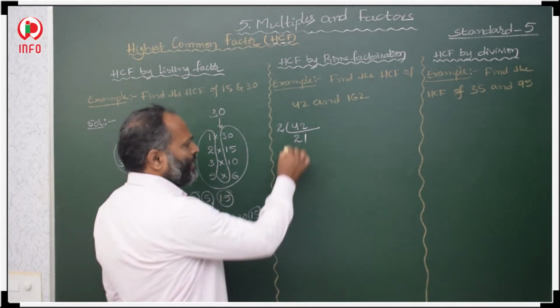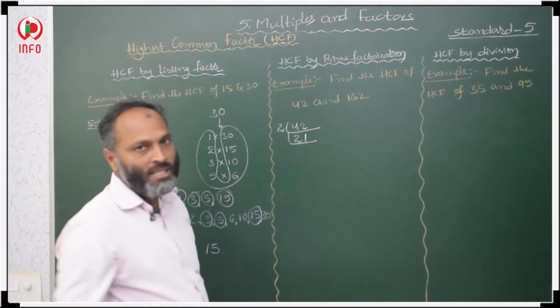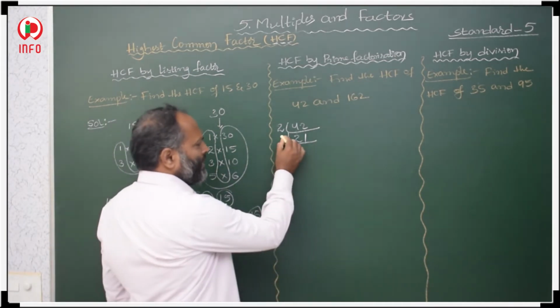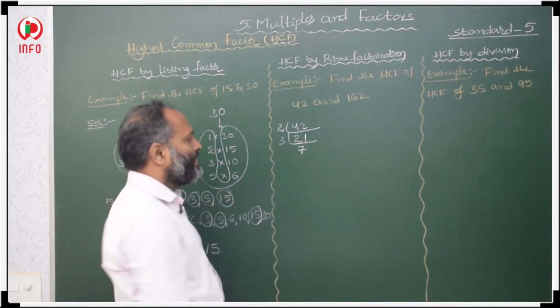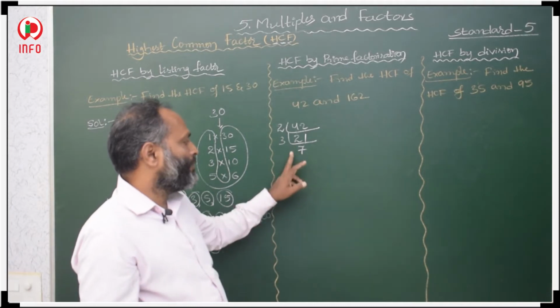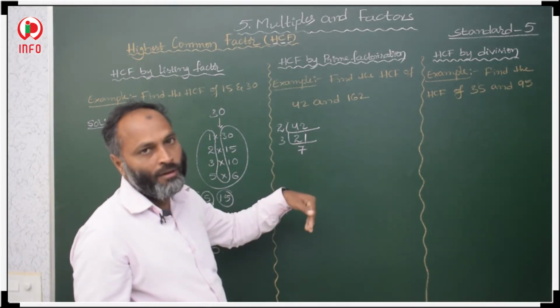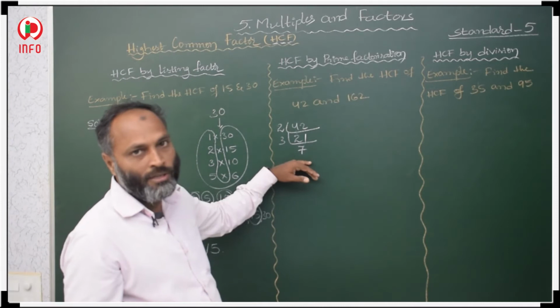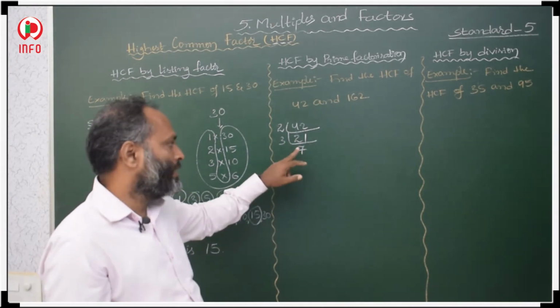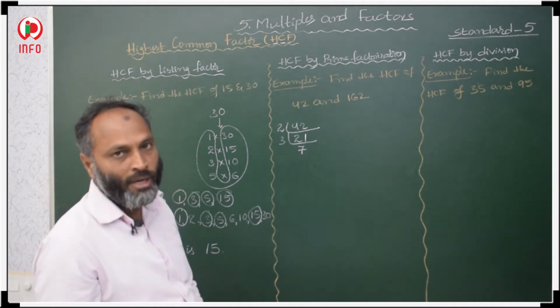Then again, 21 is divisible by 3. 3 sevens are 21, and 7 is a prime number, no need to go further. Stop till here only, because 7 is a prime number.